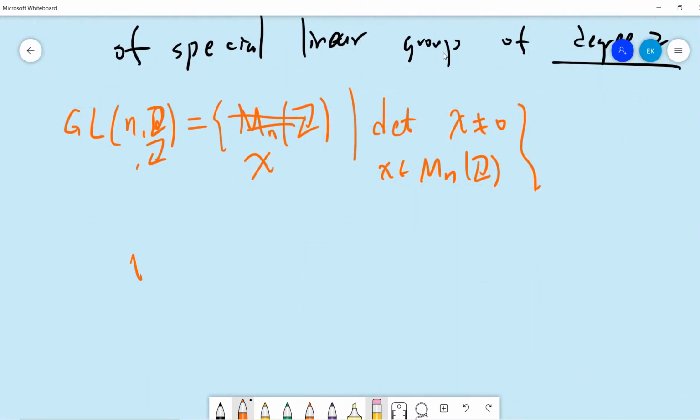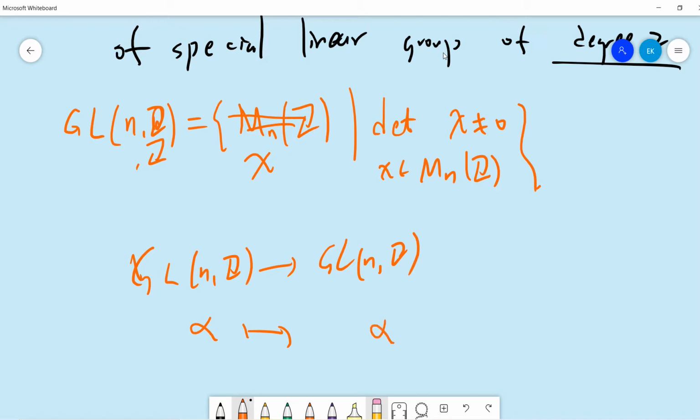It maps from the general linear group to the general linear group by sending alpha to alpha inverse transpose. Given the n by n matrix, we take the inverse and the transpose. Everybody knows from linear algebra that it's the same whether you do the inverse and then the transpose, or the other way around. It's obviously a well-defined map because the determinant of alpha inverse transpose is still non-zero.